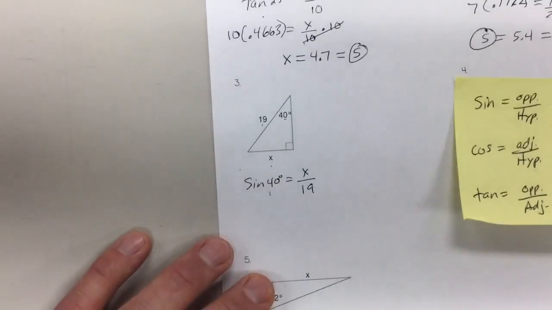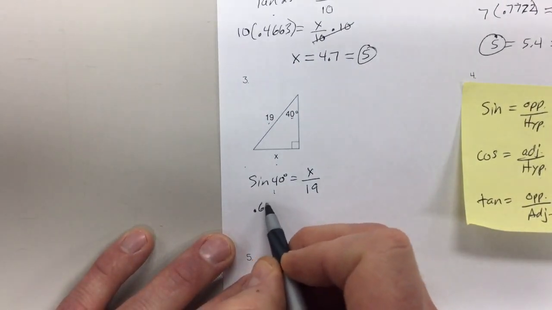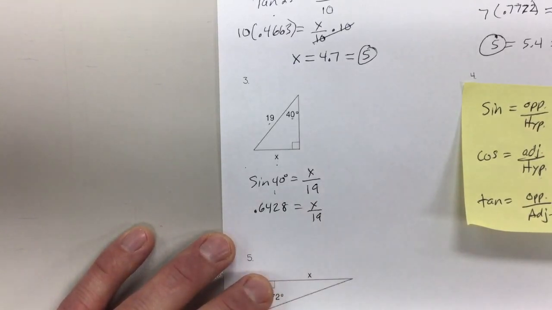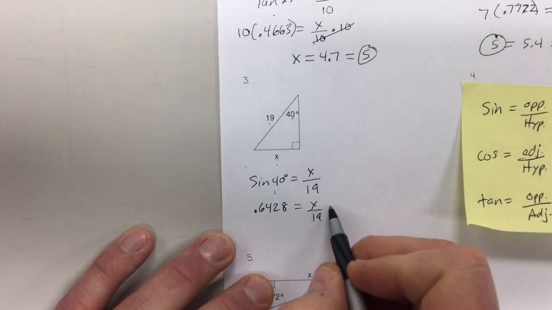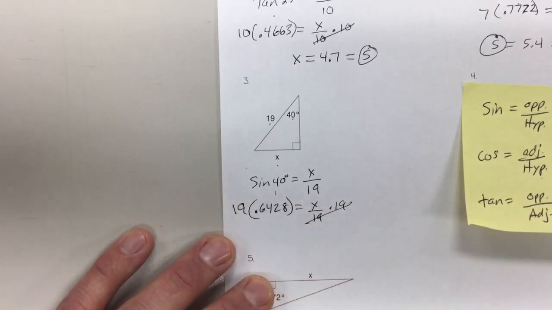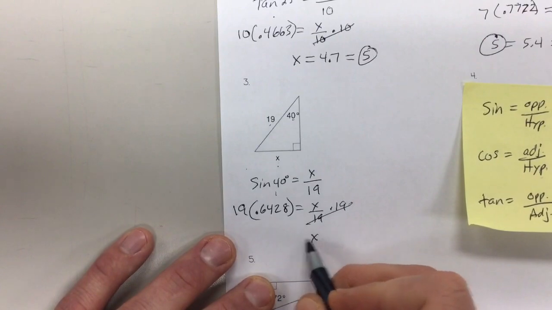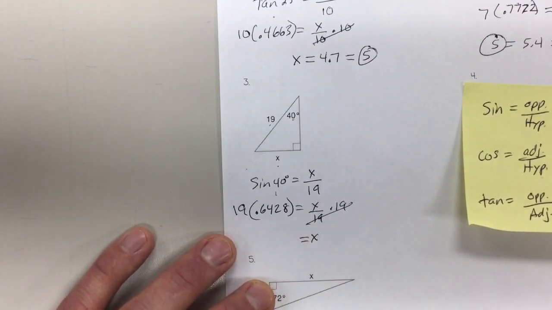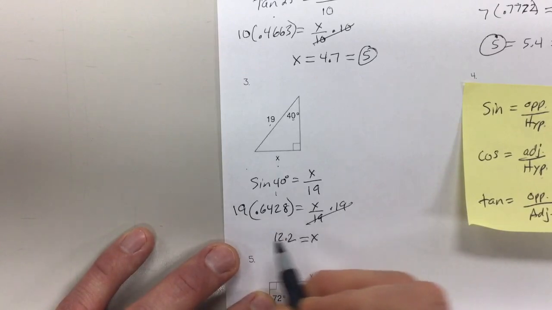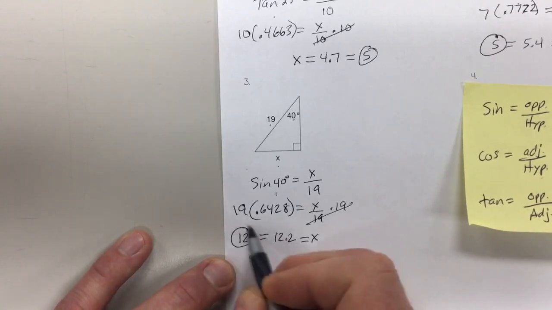So I'm going to replace sine of 40 with 0.6428. Now to solve this again, you're going to multiply both sides by 19. x is equal to 12.2. And we will round that to 12.